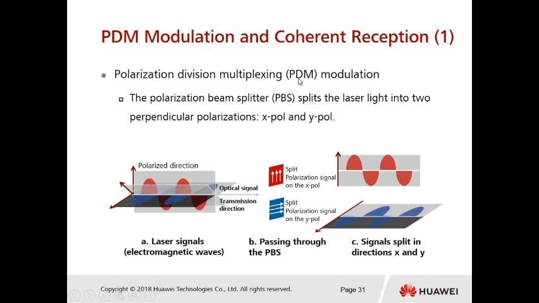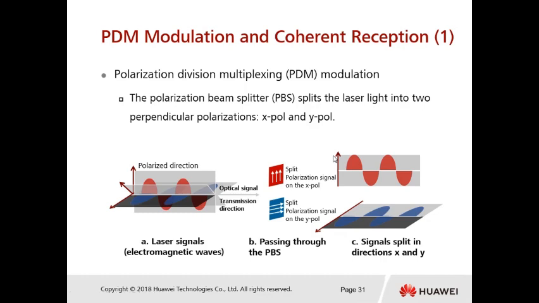It can be any one. So after we consider this information, we can use different polarized directions to carry different bytes and transmit at the same time. This one we call PDM, polarization division multiplexing modulation.